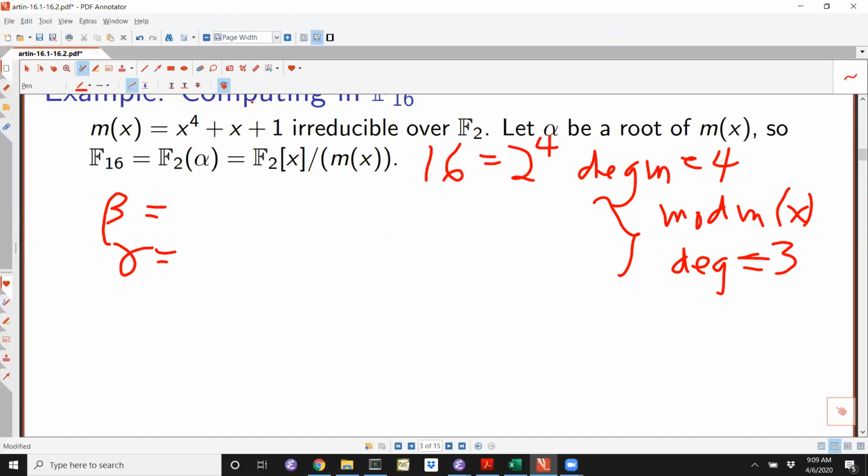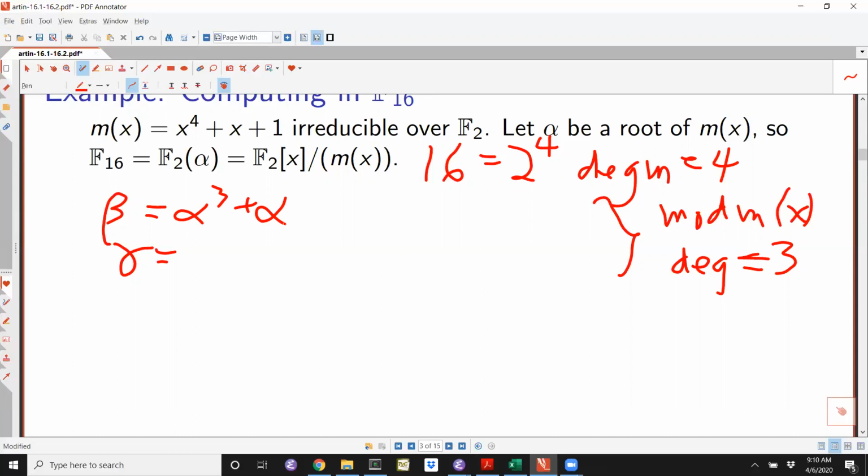Let's see. In the chat, can somebody just type in some subset of the set 0 through 3 quickly? Just 2 people do that. Okay, so Trent says 1, 3. So alpha cubed plus alpha. And so we'll let beta be alpha cubed plus alpha.